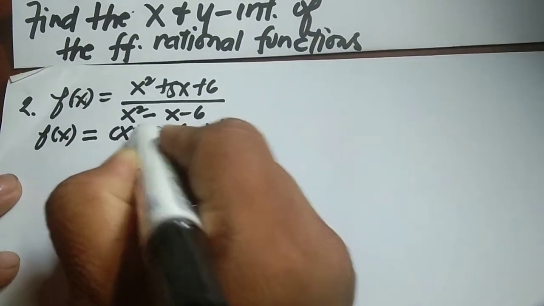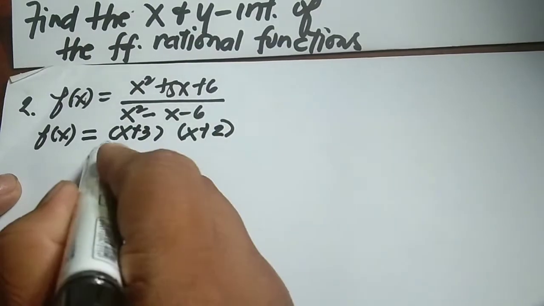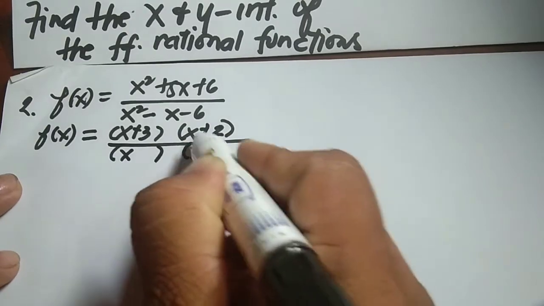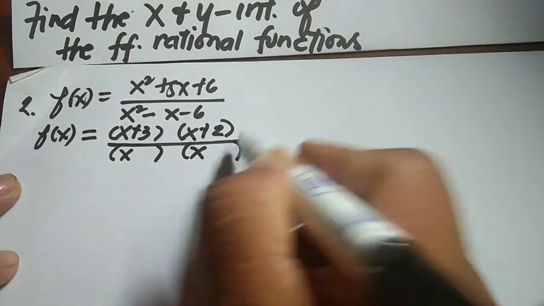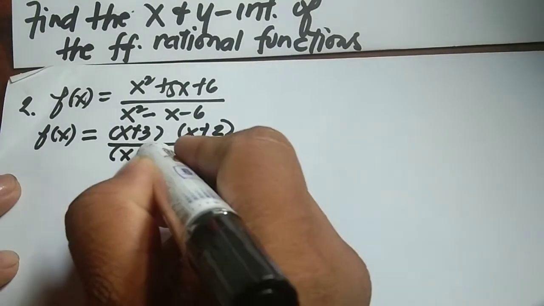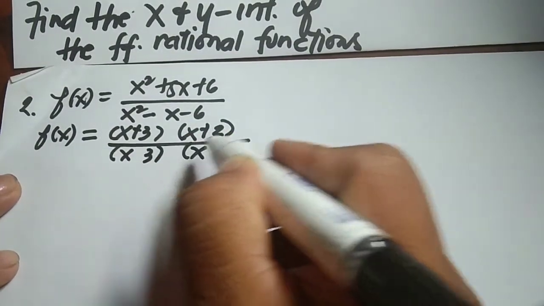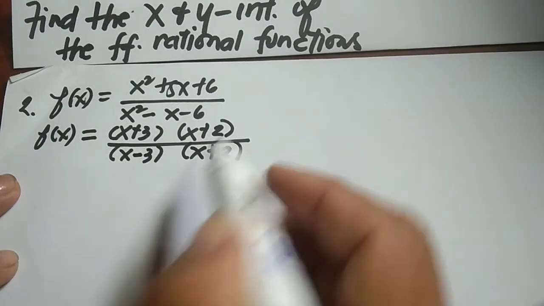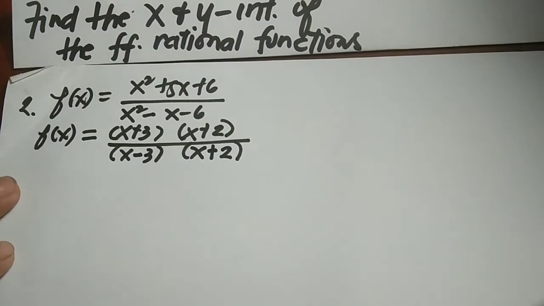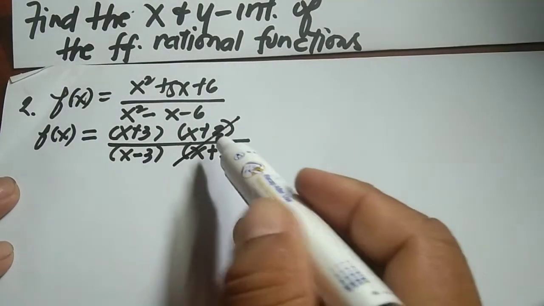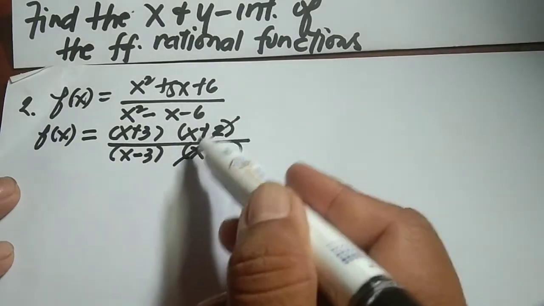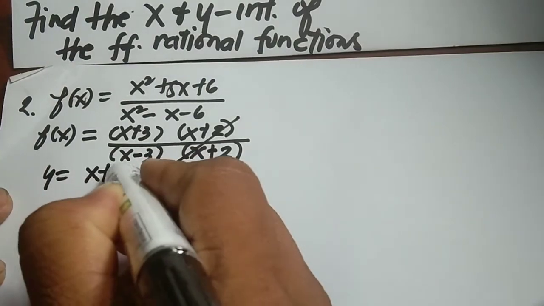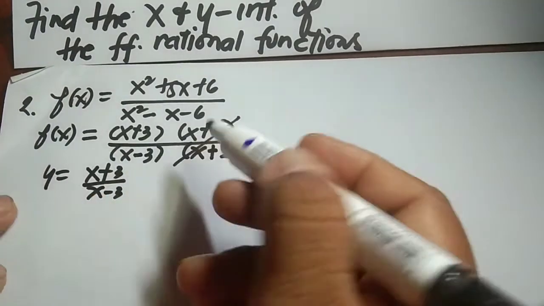In the denominator, x squared minus x minus 6, we also have 3 and 2, but the sum must be negative 1, so negative 3 and positive 2. Considering the numerator and denominator, there is a common factor, so you can cancel out x plus 2 in the numerator and the denominator. We now have y equals x plus 3 over x minus 3.